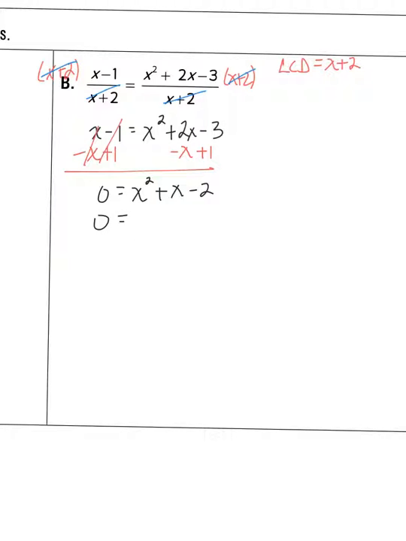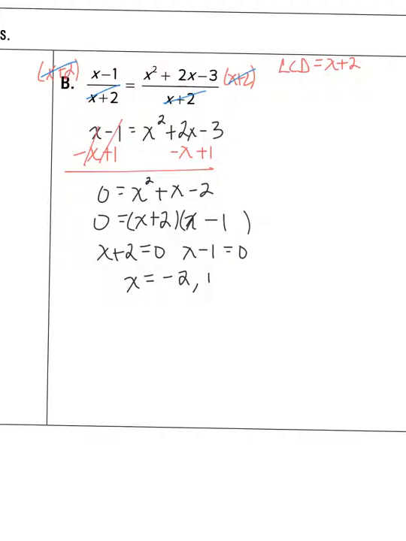And then you're going to use all of your factoring skills that we've been working on all year. And so the factors of 2 that subtract to give you 1 would be 2 and 1. And this is going to have to be a plus, and that will be a minus. And then you set each of these equal to 0. And you get x is equal to negative 2 and positive 1.